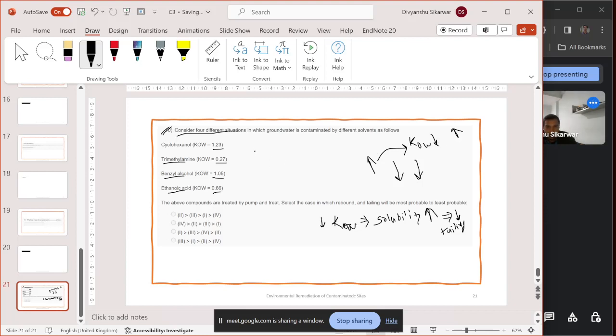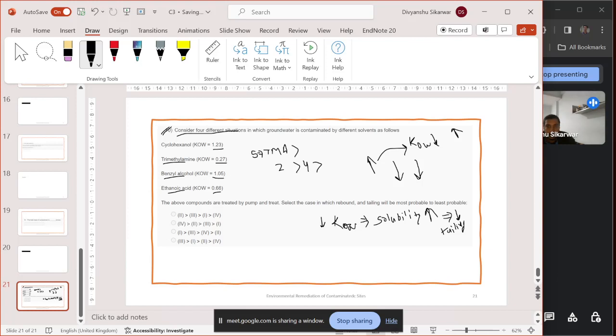If we arrange for solubility, the most soluble will be dimethylamine, which will have the highest solubility, that is 2. Then it will be 4, ethanoic acid.